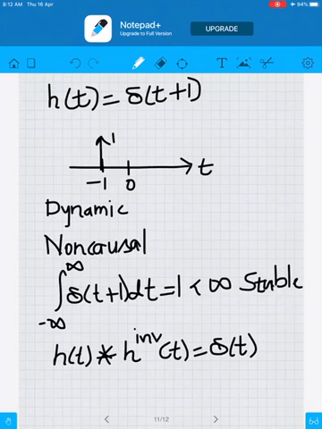Now, is this system invertible? How can we know? We know h of t. We have to obtain h inverse of t.